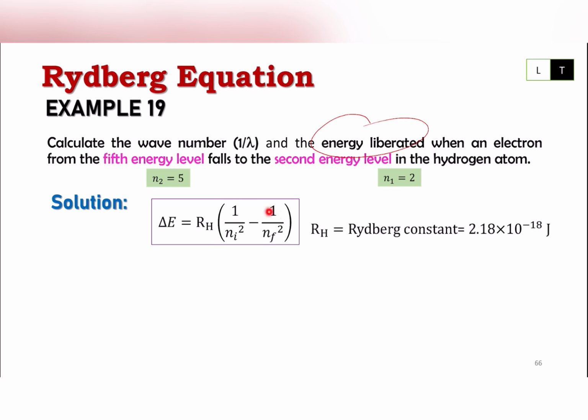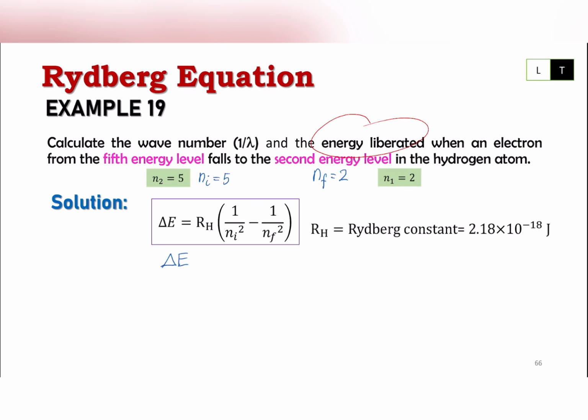But in this formula, I need to use based on initial and final. So, I can also write it down. My N initial is equals to 5 because of the word from, and then to the 2nd energy level. So, NF is 2.